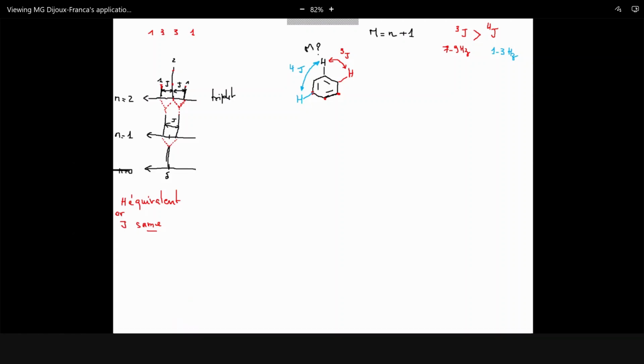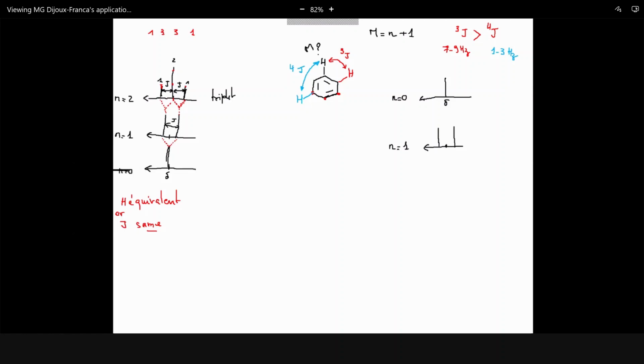So we can do the same as we did on the draw on the left side of the slide. Just we can go on the other side. That means if we are here with n equals 0, I have only one line. Now, if n equals 1, I said that I have 2 lines.